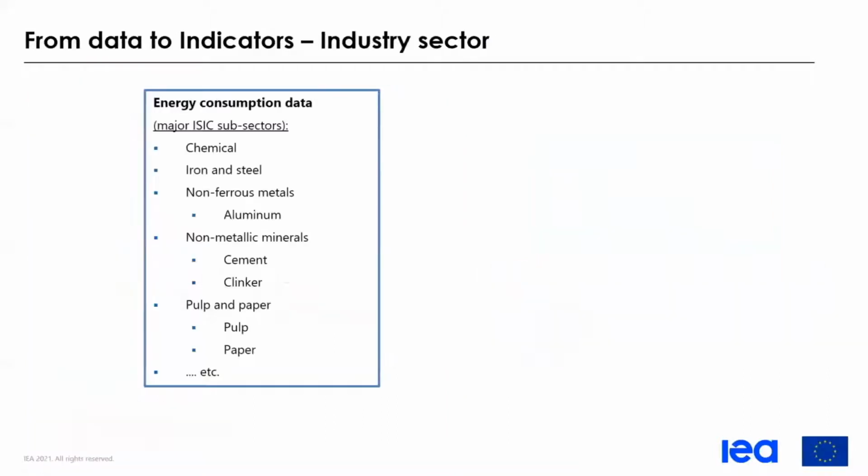The next sector is industry, and for energy, in the IEA, we collect data for 19 major ISIC subsectors. And when it's possible, we encourage more detailed data collections. For example, energy consumed to produce aluminum or cement, since this data collection allows for physical indicators that are more detailed than the major ISIC categories.